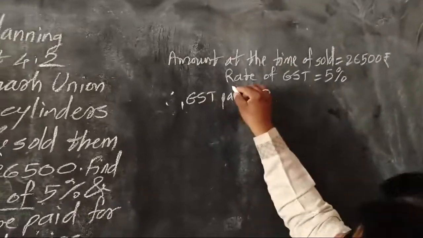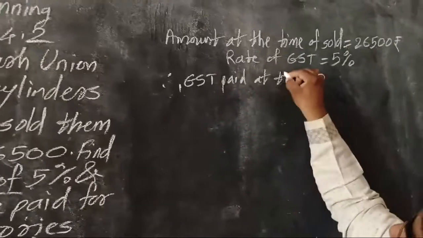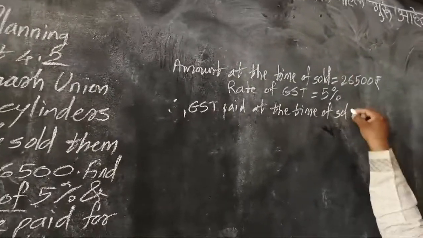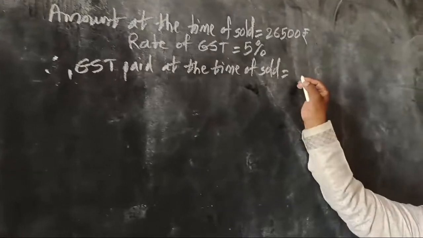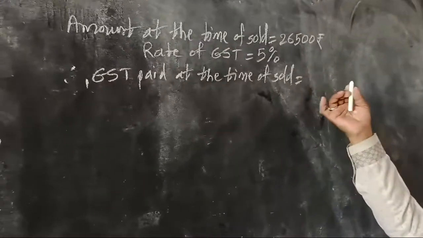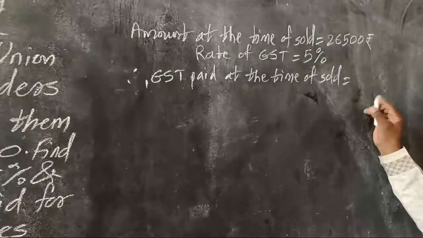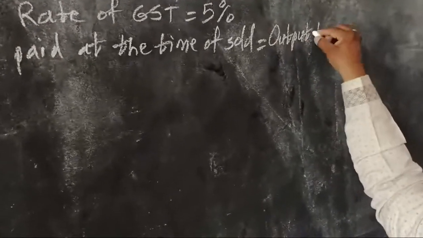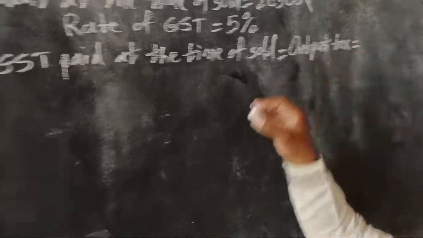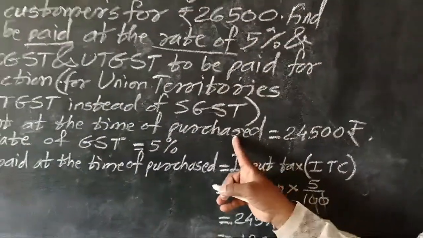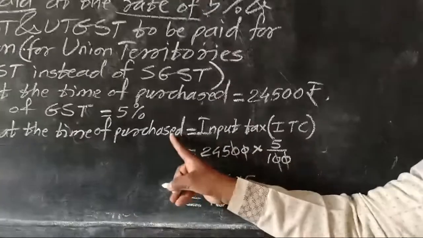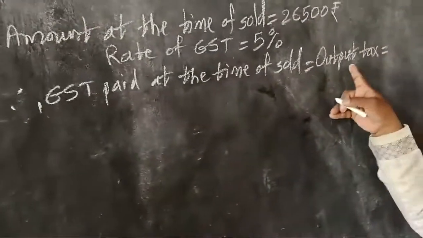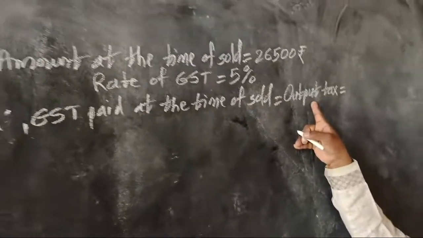GST paid at the time of sold is equal to, another word, output tax. Purchased means input tax, and sold means output tax.